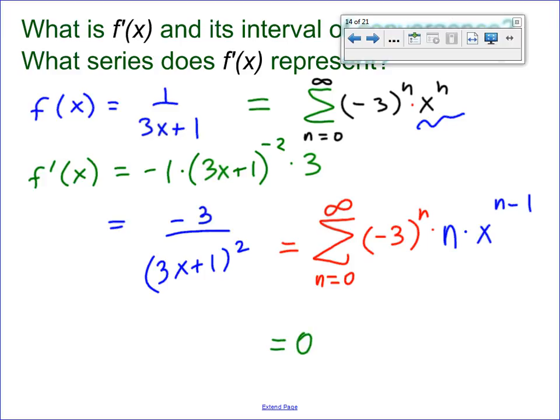When n equals 1, what happens? When n is 1, this is negative 3 times 1, which is negative 3, times x to the 0, which is just 1. So what do we get? Negative 3. Increment my counter by 1. Now I'm up to n equals 2.